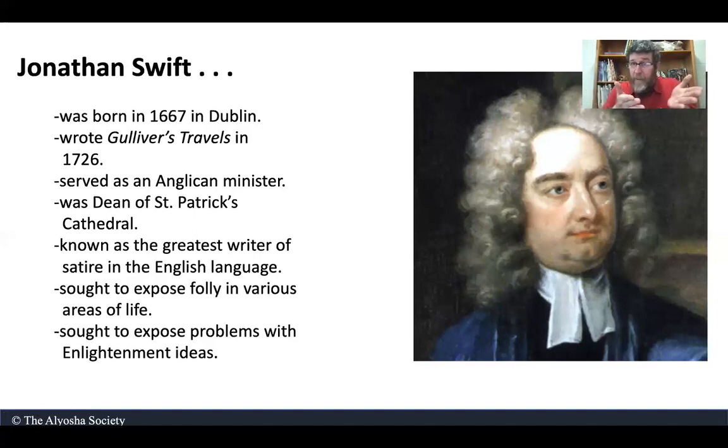So does this help? Are you getting a picture of who this man was, when he lived, what he would have been hearing about, talking about? I know this is a very, very small sampling. If you were going to dive into a work, my friends, then you would read an entire biography on Jonathan Swift, and you would dig a lot more deeply and have a richer understanding.